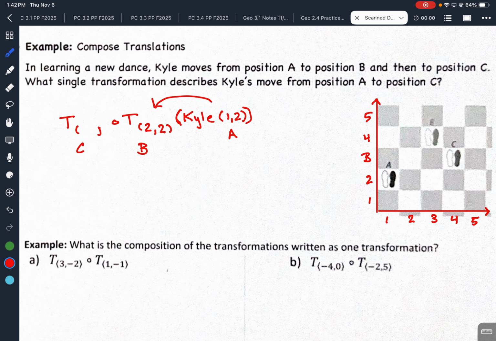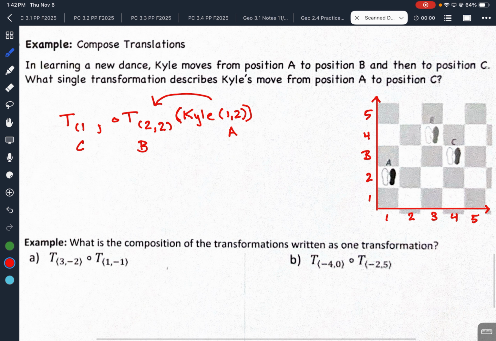And now I have to get from B to C. Right 1, down 1. Right 1 and negative 1. Okay, so if I have a composition, I can just do that. So it's important because he's dancing that I need to know all those moves.